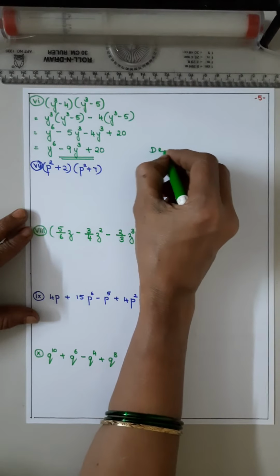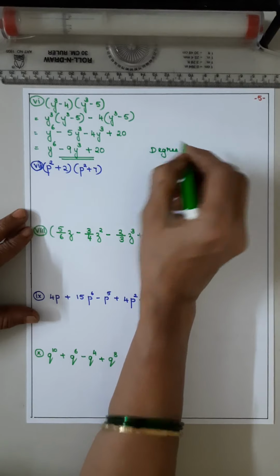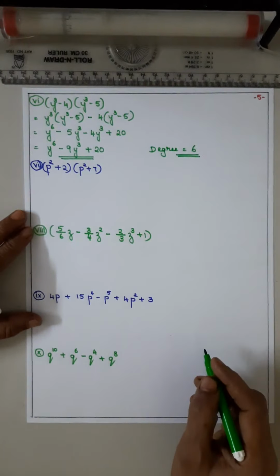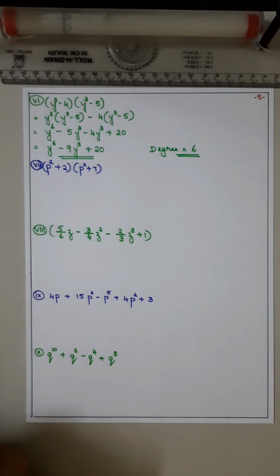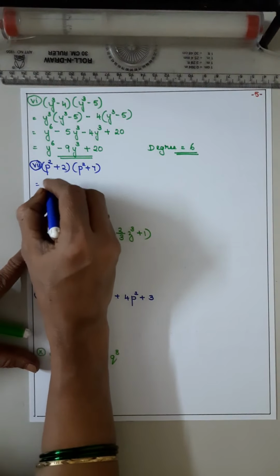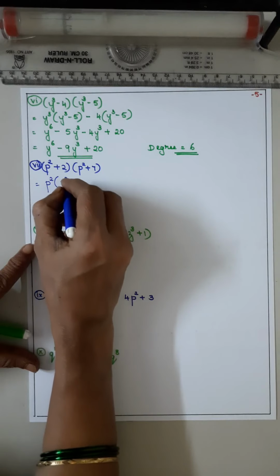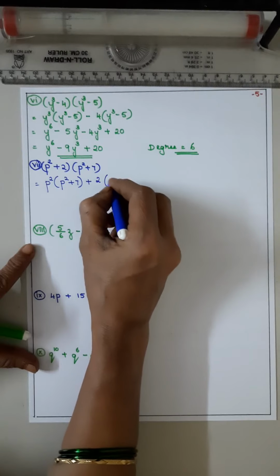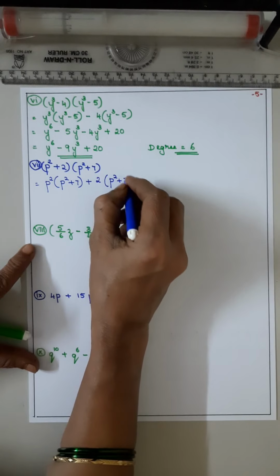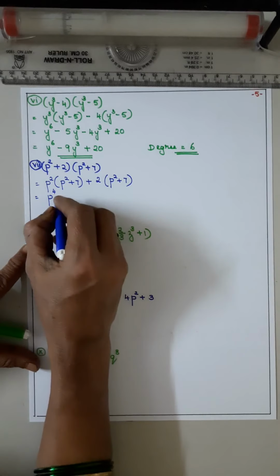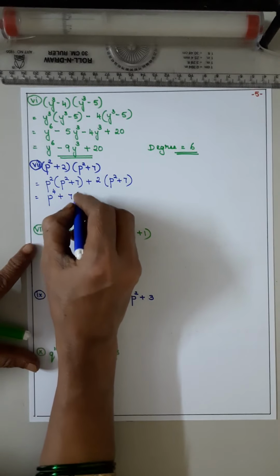Now degree is how much? 6. Okay. Now coming to the seventh sum, p squared bracket open, p squared plus 7 plus 2 bracket p squared plus 7. p squared, p to the power 4 plus 7p squared.